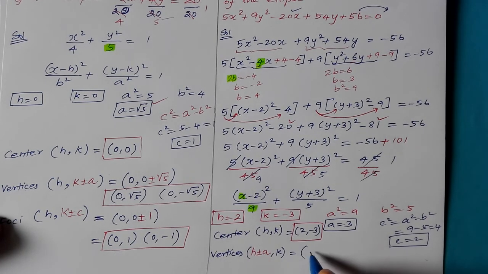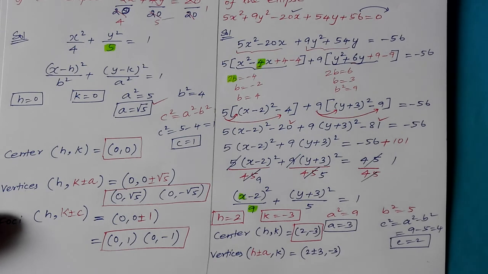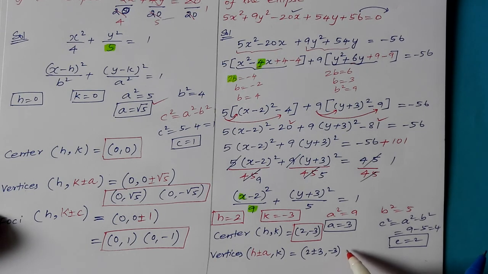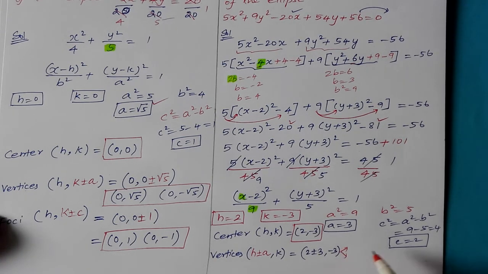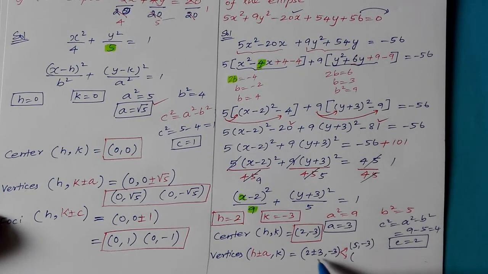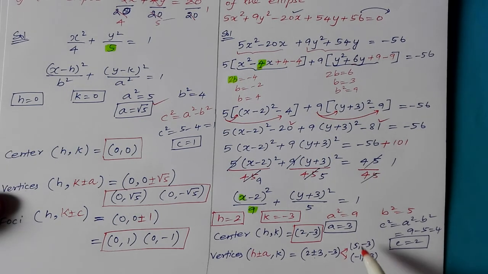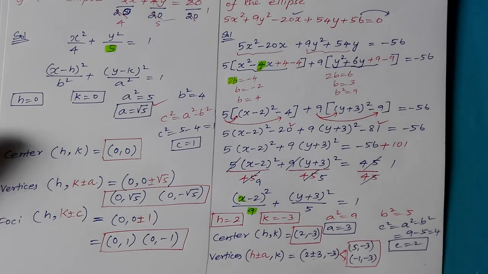You have h is 2, plus or minus a is 3, comma minus 3. You have to write two values, one plus, one minus. So 5 comma minus 3, and minus 1 comma minus 3. So these are my vertices.